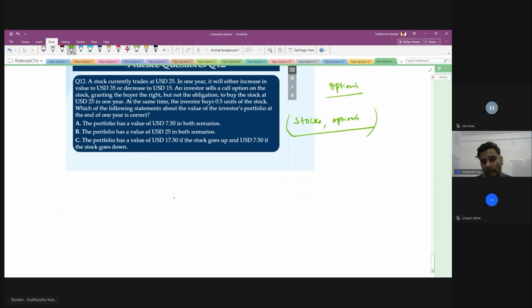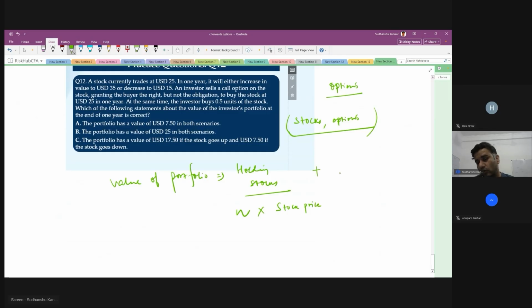When I have to calculate the value of a portfolio, if I am holding stocks, then the value is very simple: whatever stock I am holding, n into the stock price. Life is very simple.